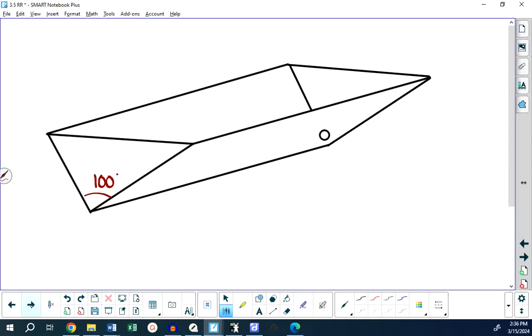Okay? But this is what we're talking about. This is 90 centimeters. This is 90 centimeters. And this total distance here is 1.5 meters.